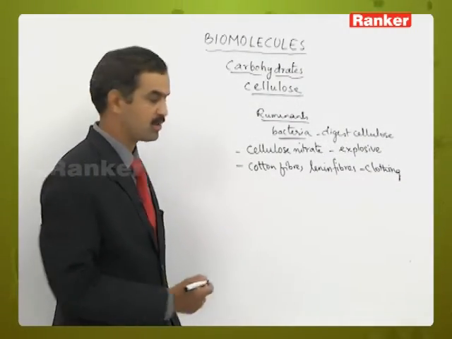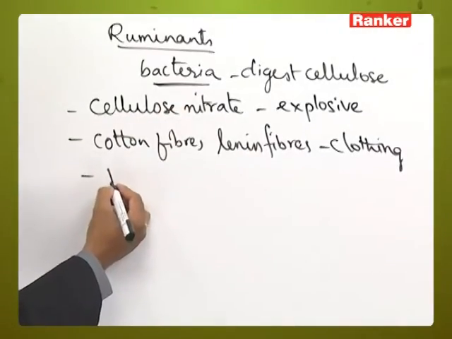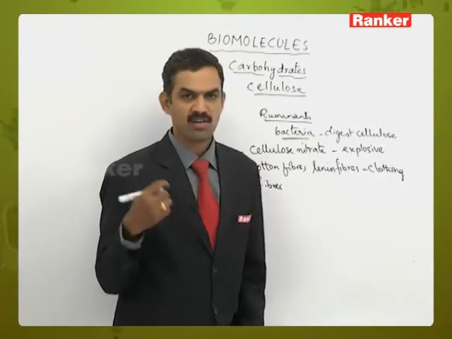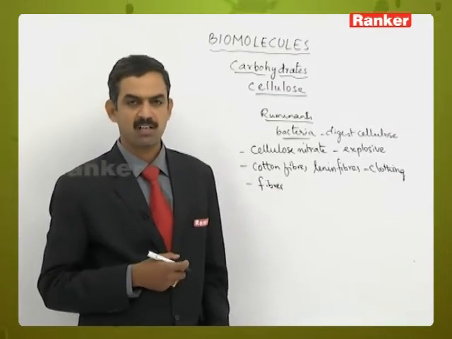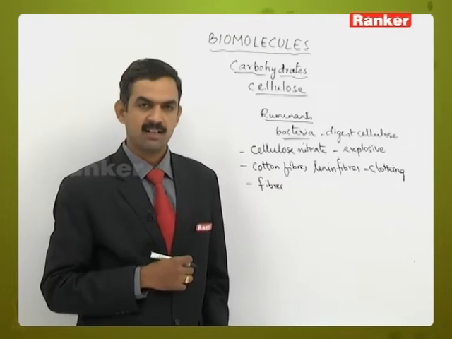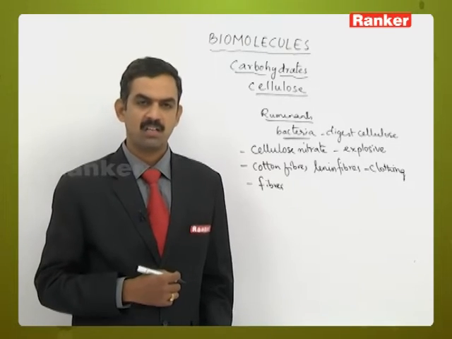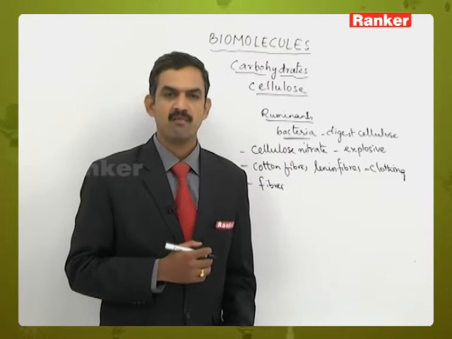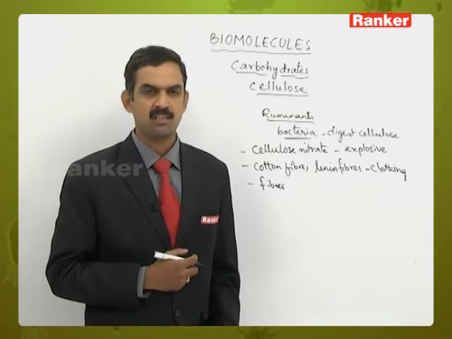Then some other fibers are the mixture of various types of cellulosic content with others, like jute fibers, which are useful for various other commercial purposes for the survival of humankind.